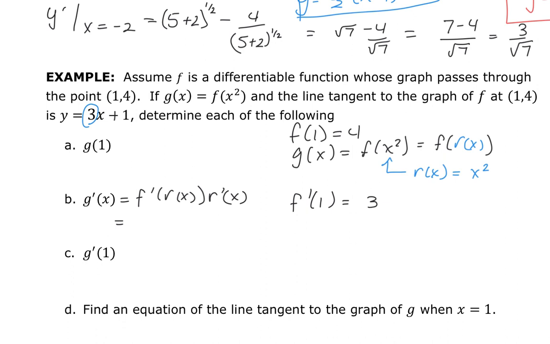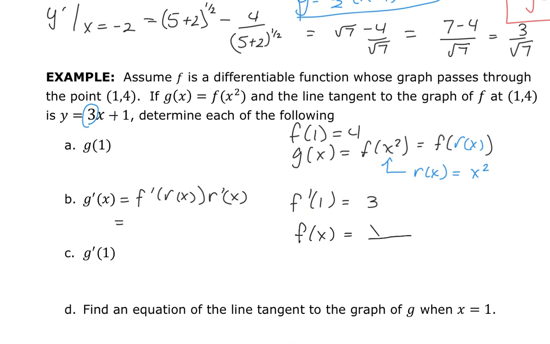Well, we don't know what the original function of f is, but we can kind of work it out. We know that when we take the derivative of the function and evaluate it at 1, I get 3 out. So one of the choices could be, and I want to do something fairly easy, in which when I have f of x and evaluate it at 1, I'm going to get a 4.